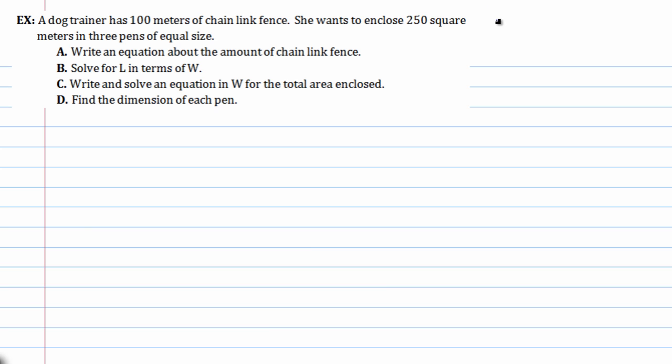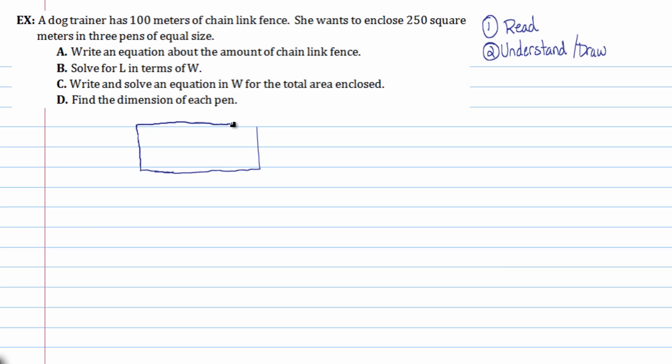Now remember, there's this tactic for doing all word problems. You always read them first, of course, so you understand the situation, and usually in this step you want to maybe draw a picture. So let's go ahead and just draw a picture of this situation. So I have some chain link fence, and it doesn't say it, but I'm assuming we're going to make a rectangular pen.